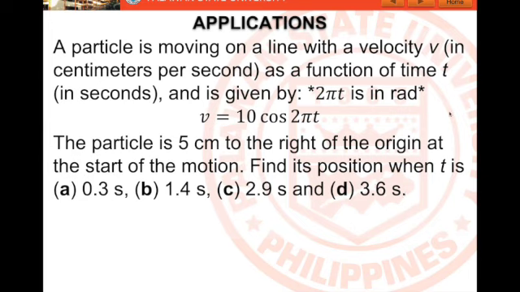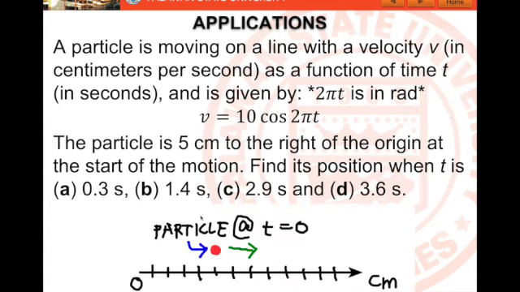So to better visualize, we need a diagram for this problem. So here we have a particle. It's moving on a line with a velocity given by this equation, and this is the direction of the motion of our particle.